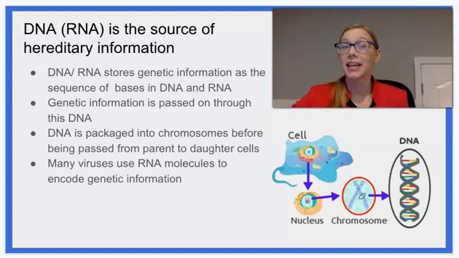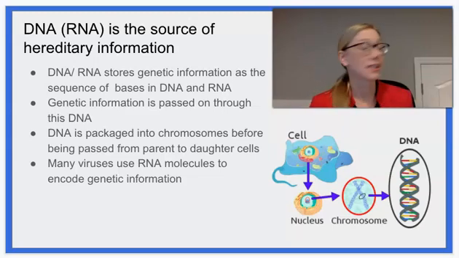DNA and RNA: in specific organisms like viruses, well, I guess you don't really call a virus an organism, RNA is really important in passing along their genetic information. But DNA or RNA is the source of hereditary information. It stores that genetic information in the sequences of base pairs and passes it on to its daughter cells.